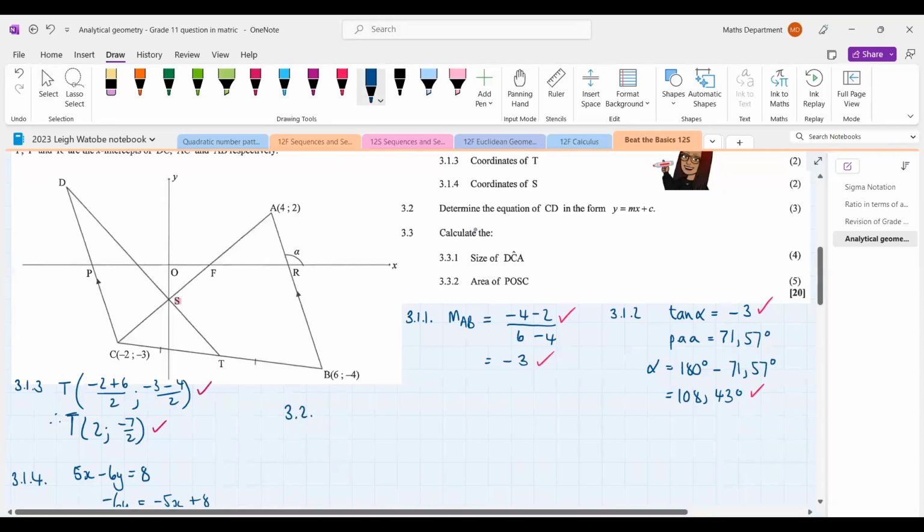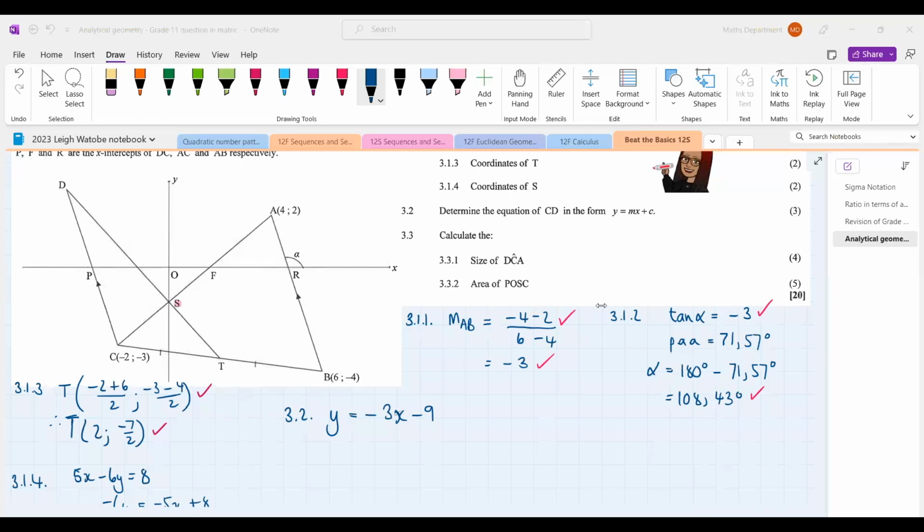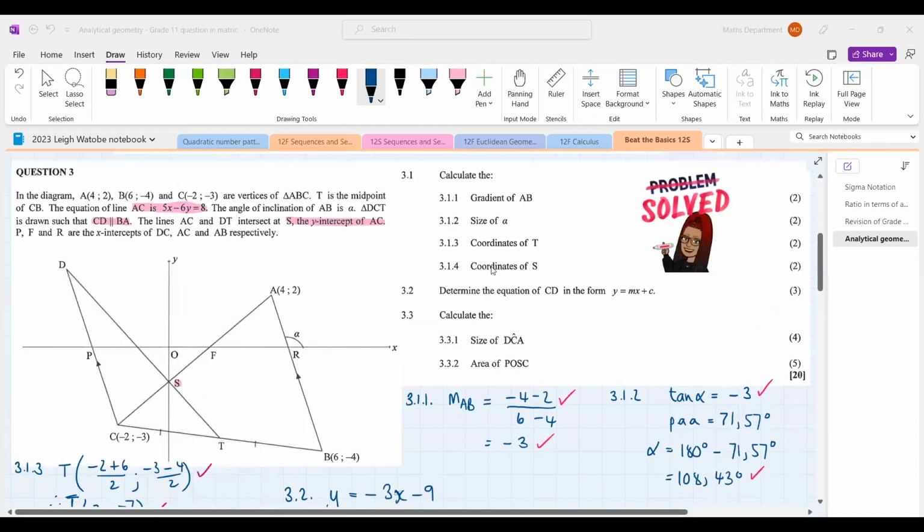You've worked out that it is the line y equals minus 3x minus 9, which is correct. Okay, Nicole, I hope I've gone up enough. Well done. So you've all got the equation of CD.